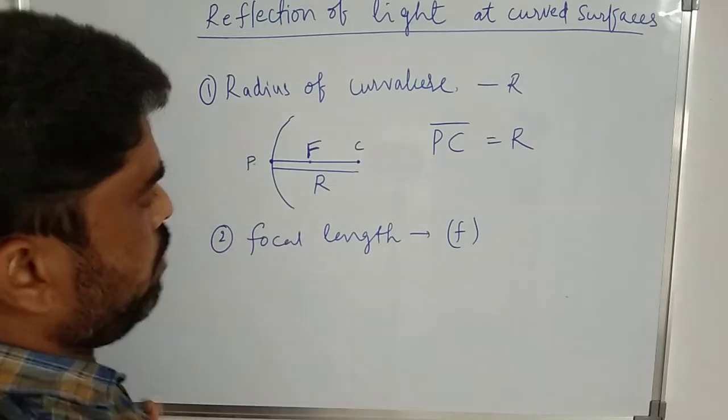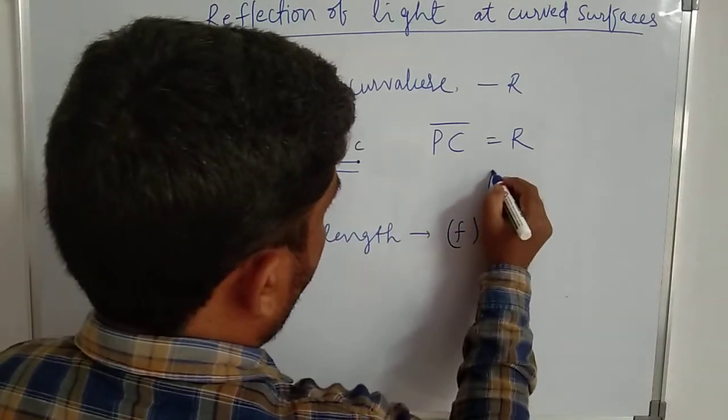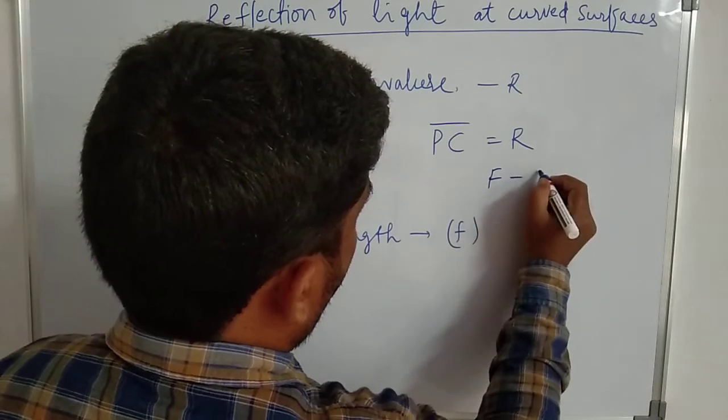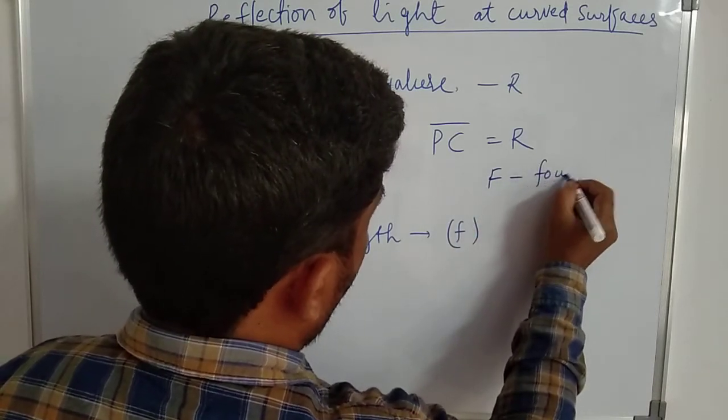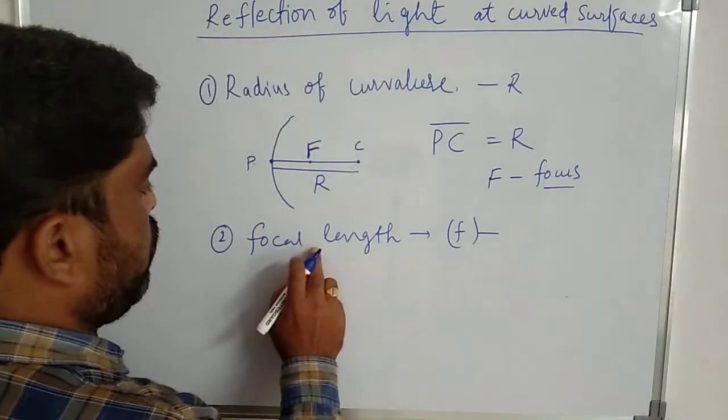Focal length is represented by small f, whereas principal focus is represented by capital F. The symbols are very important. Capital F is the representation for principal focus, whereas small f is the representation for focal length.